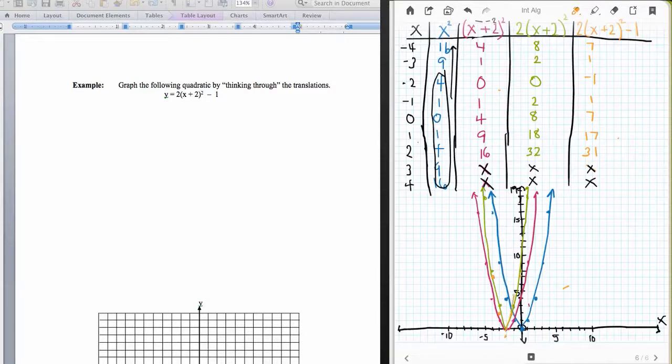And so you're going to see the same exact graph, just 1 unit lower than it was before. So there is our final graph, just 1 unit below at the vertex. So that's our different translations on that.